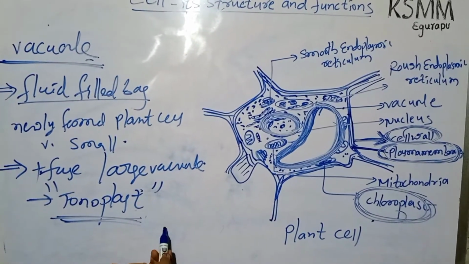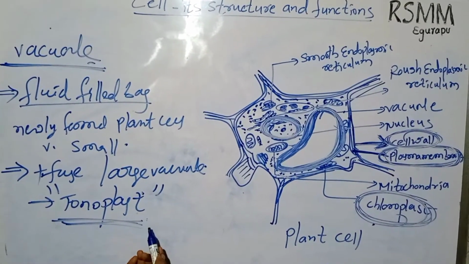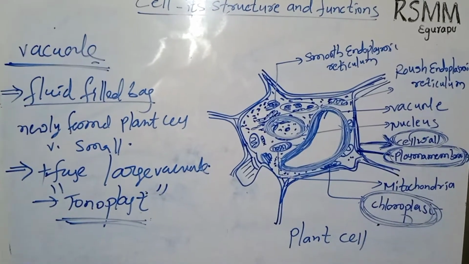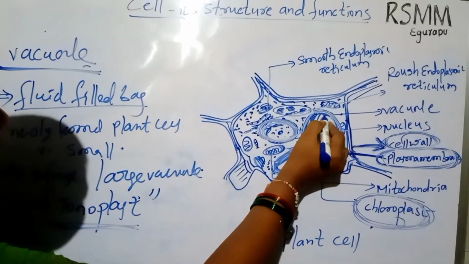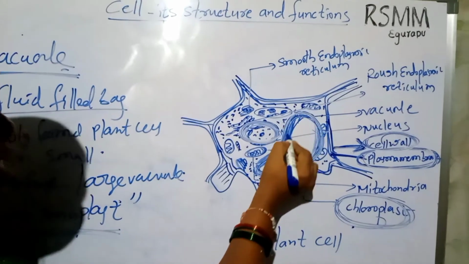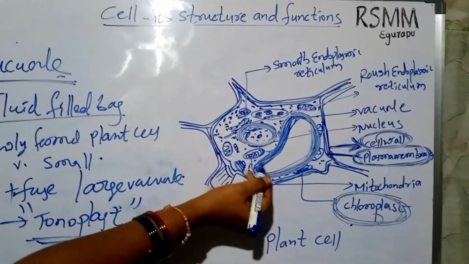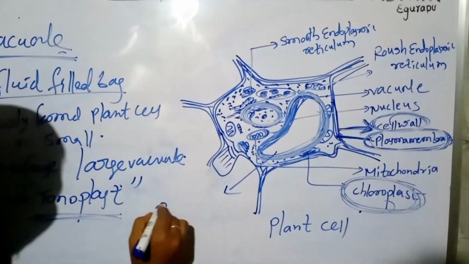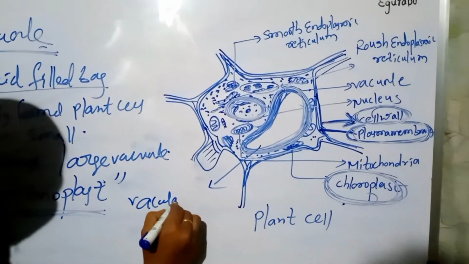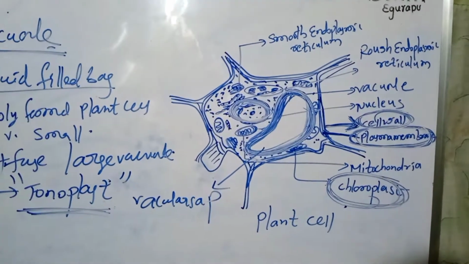The fluid which is present in the vacuole is called vacuolar sap.